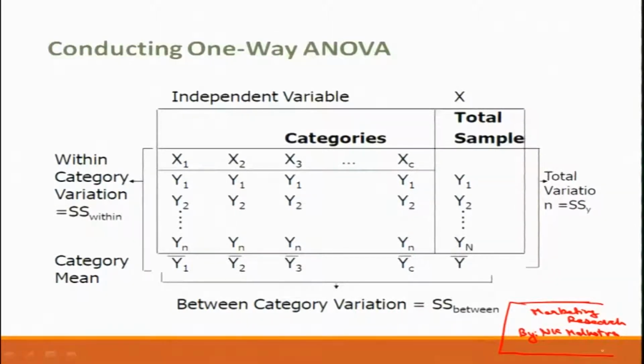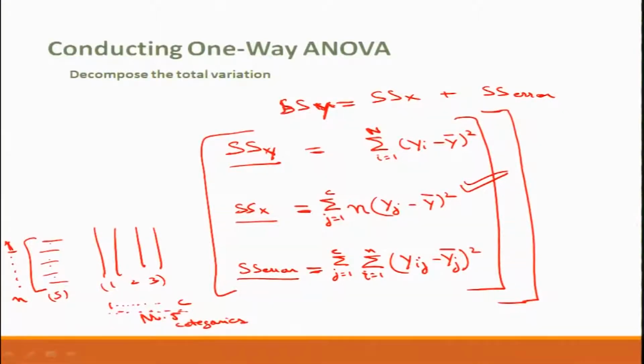So, what do we have? We have these categories. Mind it, we had capital N here. Capital N here is the sample size, not the population size.